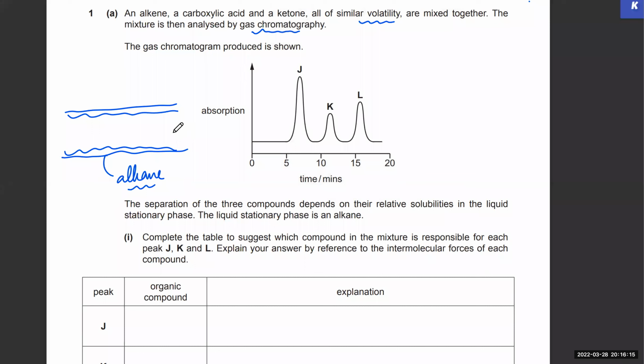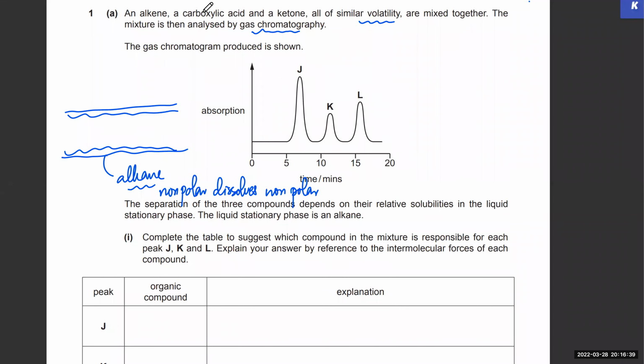Is it polar, non-polar? Non-polar. So it's non-polar. And the rule is that non-polar dissolves non-polar, and polar dissolves polar. So that's your stationary phase. And that is the thing that will slow down the vapor.